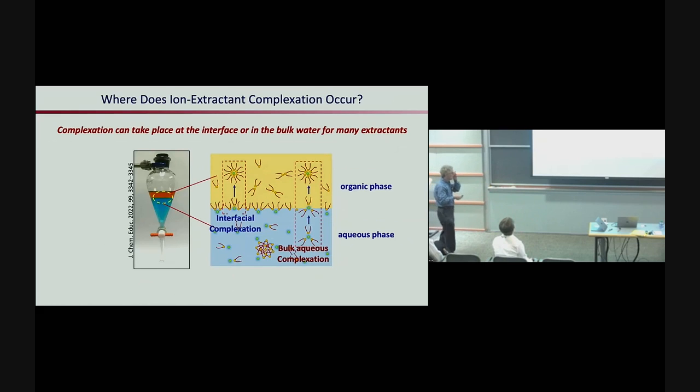So when I first started working in this field, about 12 years ago, I guess, I gave my first talk, and I had just spent a number of years learning how to use X-rays to investigate the ordering of molecules and ions at the interfaces between two immiscible liquids.